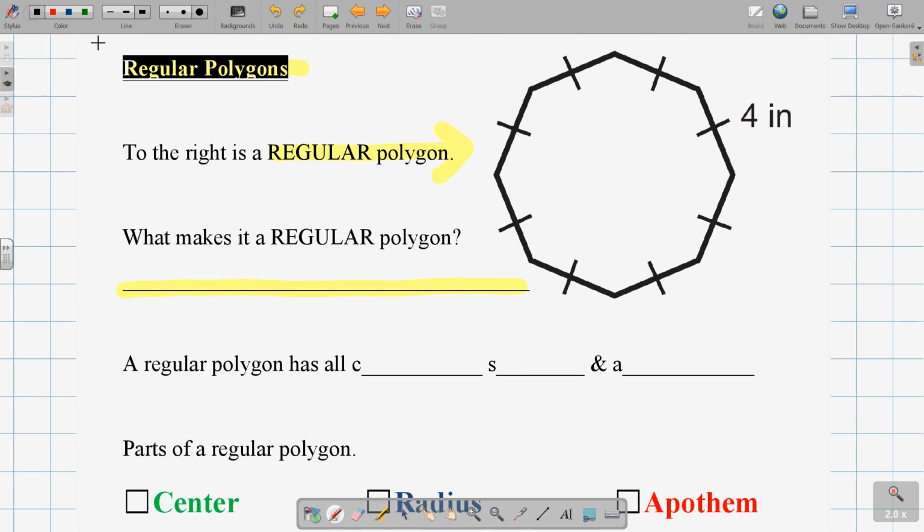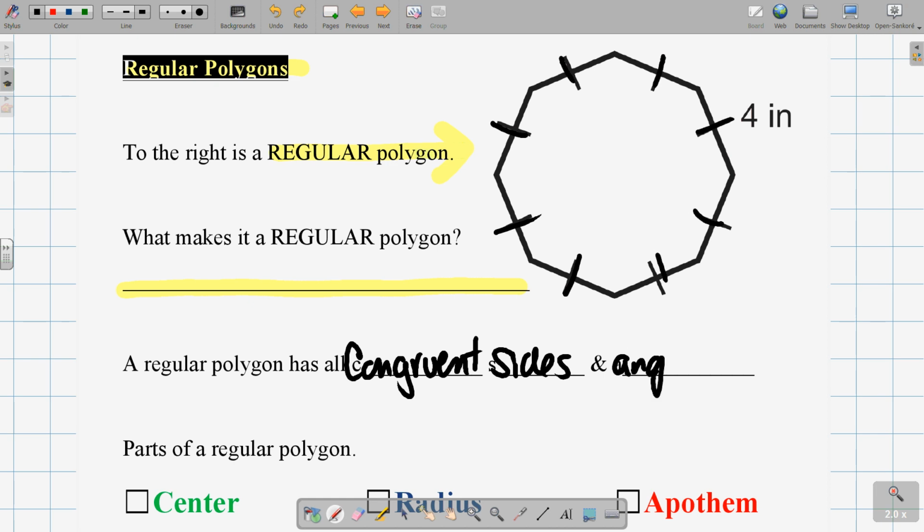A regular polygon has congruent sides. That's where all the hatch marks are. And all of these angles are going to be congruent. Congruent sides, congruent angles.